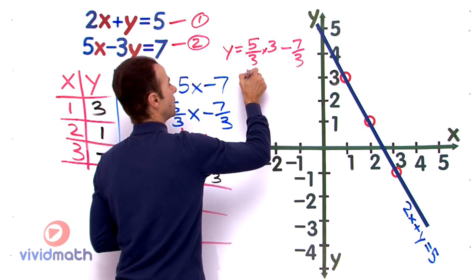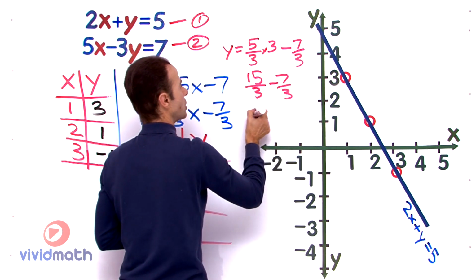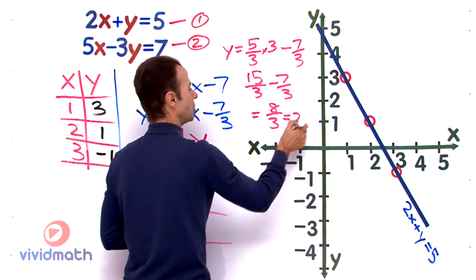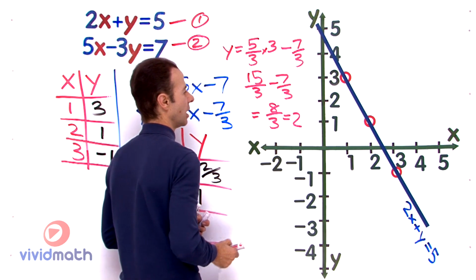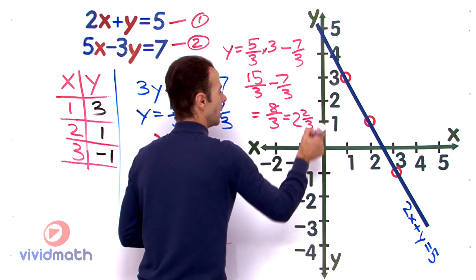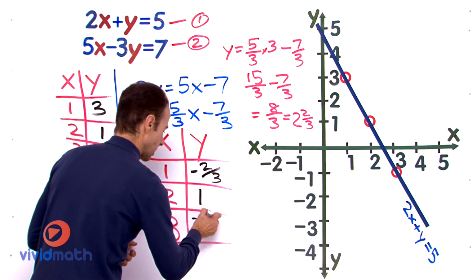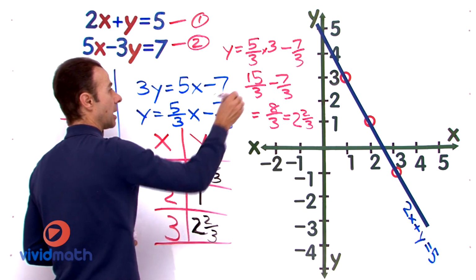Okay, 3 5s are 15. 15 on 3 minus 7 on 3, which equals 15 minus 7, that's 8 on 3, which equals 2 and 2/3.